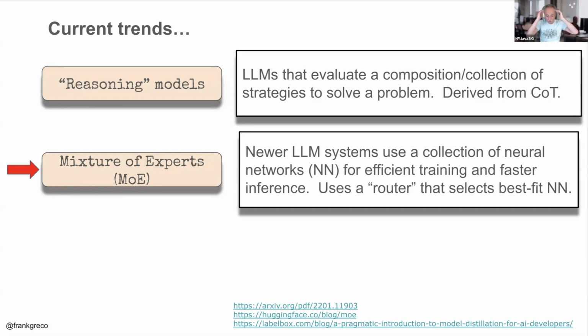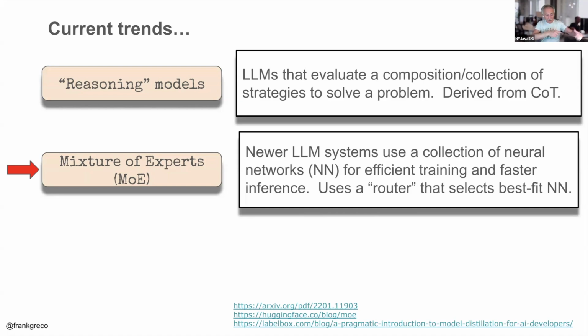It's like, back in the old days, if you had a huge matrix and it's a sparse matrix, you might think, well, maybe I should come up with some more optimal data structure, because if you have a million by a million matrix and you're only using a few boxes over here, do you need to store this whole thing in memory? So what mixture of experts does, it basically takes a language model like that. It says, I'm going to use a collection of neural networks, not one massive one, but a collection of them.